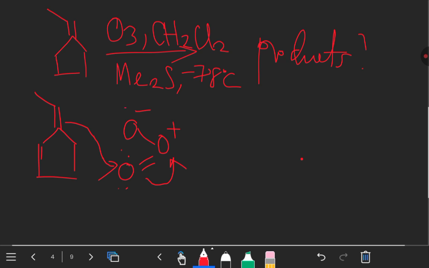Then this oxygen on top also has some lone pairs of electrons, so they'll be able to attack the carbocation which is formed. Then what is going to be produced is this structure. So we have that structure like that.